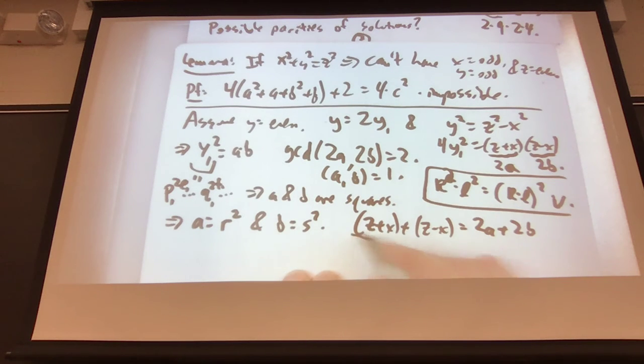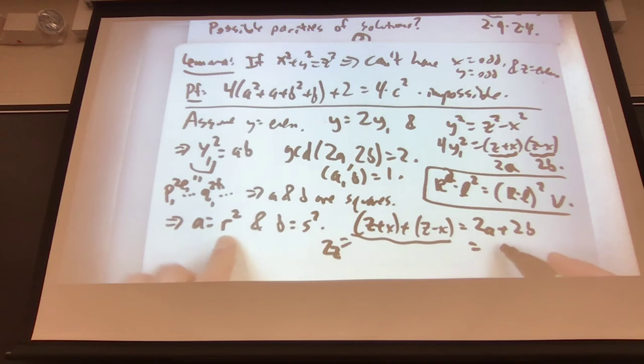So what does this come out to? 2z. A we said was r squared and b we said was s squared. So we get 2r squared plus 2s squared. So z is r squared plus s squared.